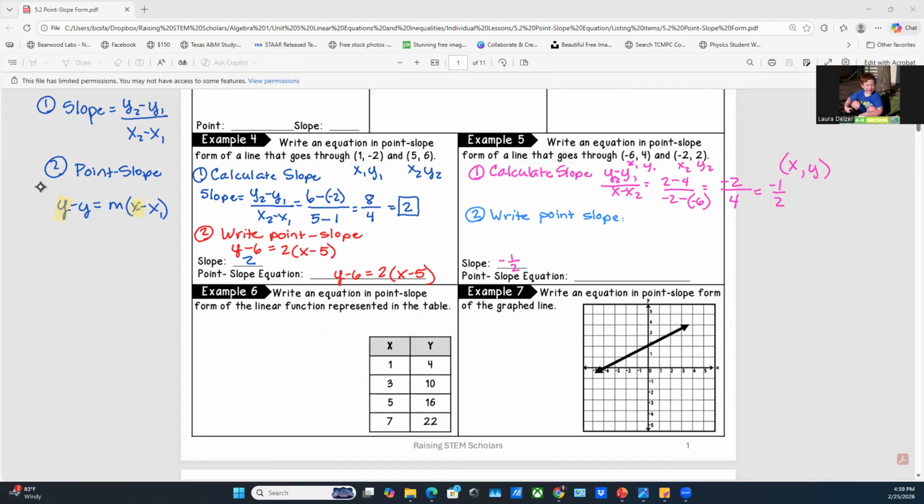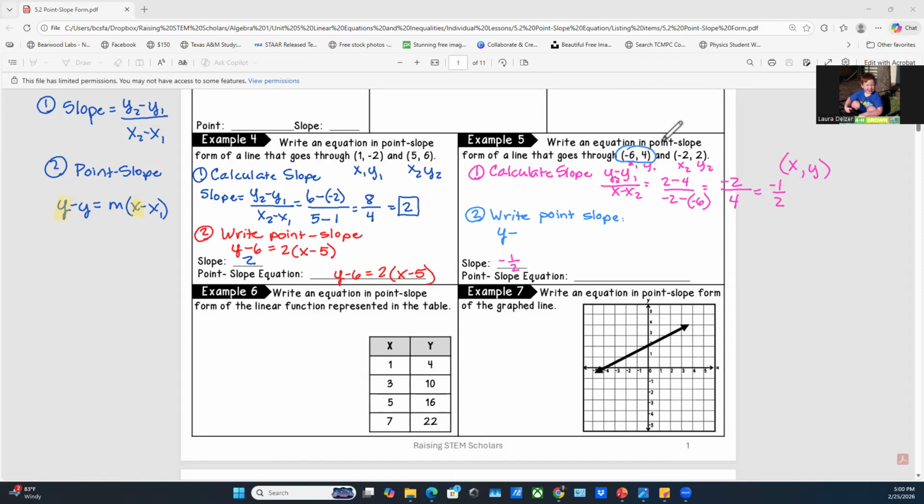That's not where we plug our numbers in. So when we write point slope, we can write y minus this y over here. It doesn't matter which one we pick. So I'm just going to go ahead and pick this one here. I don't have a rhyme or reason why that one. It's just the first one I came to.